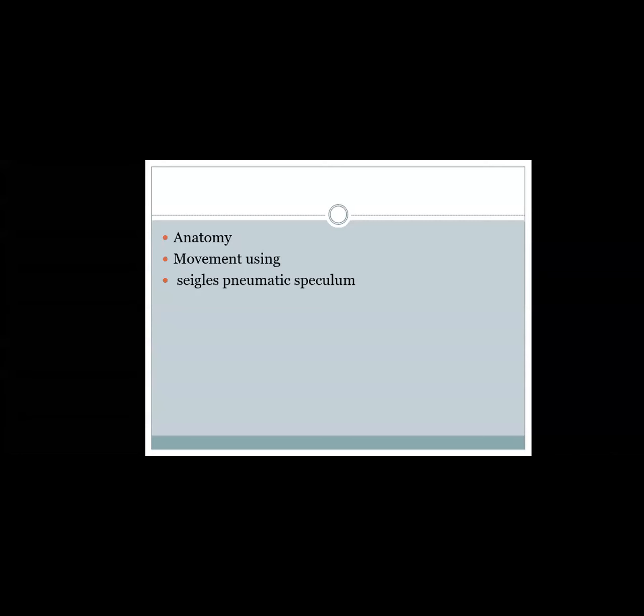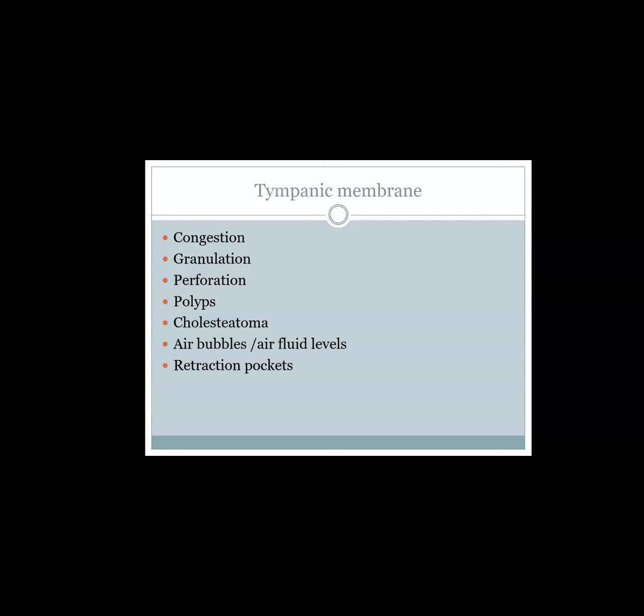This movement can be visualized with the help of a Siegel's pneumatic speculum. Siegel's speculum is like the otoscope, with a bulb, like a BP apparatus, with which you can increase the pressure. Nowadays, it is attached to the otoscope itself. Then when you see the tympanic membrane, you have to look for congestion, granulation, perforations, polyps, cholesteatoma, air bubbles, retraction pockets and all.